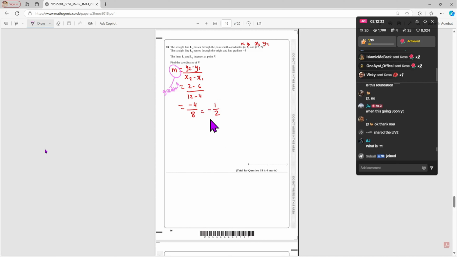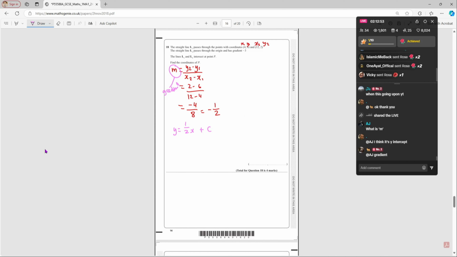So we can find the equation of line L1. So we know that's going to be y is equal to mx plus c, with m as -1/2. We're now going to try to find the y-intercept, this c value. To work out the c value, we have to use one of our coordinates. So we're going to use 4, 6.